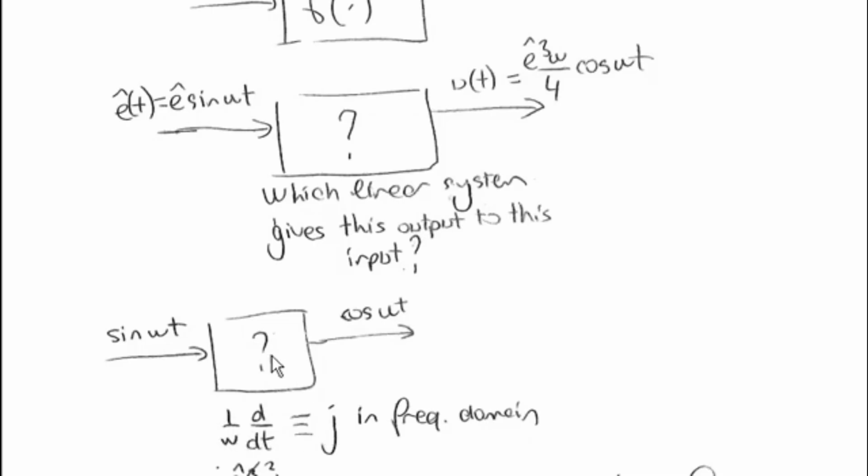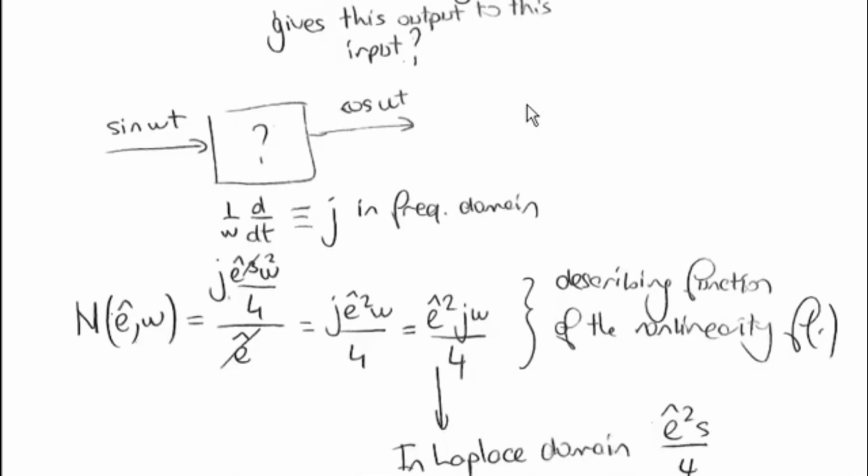So in frequency domain, the linear system which converts a sine signal to the cosine signal is represented by the transfer function, just j here, a 90-degree phase shift here. So therefore, when I consider here from sine to cosine, there will be a j in my frequency domain representation, and the amplitude change from this one to this amplitude here.